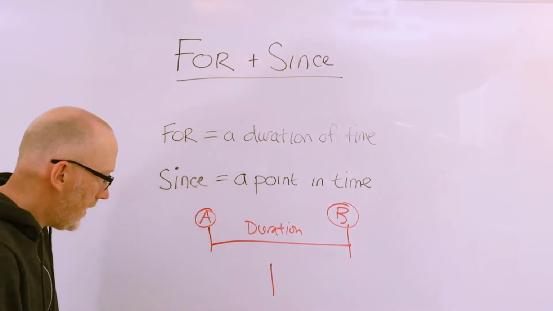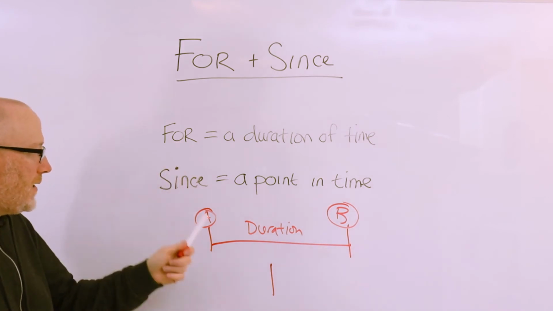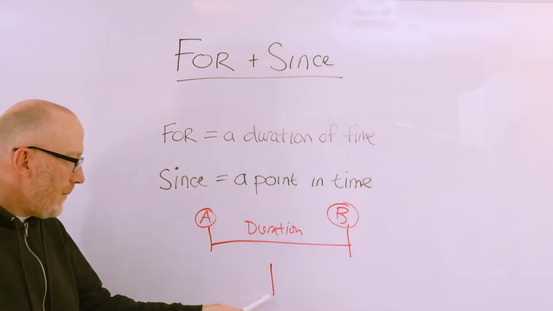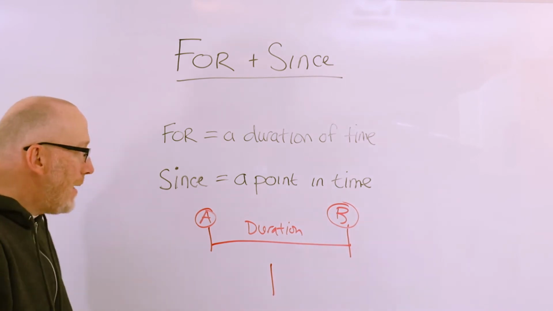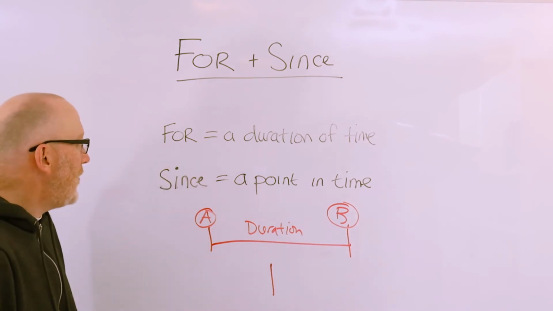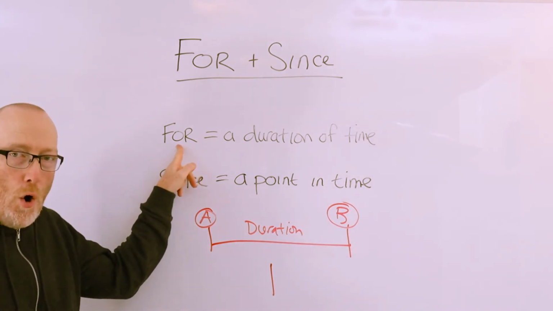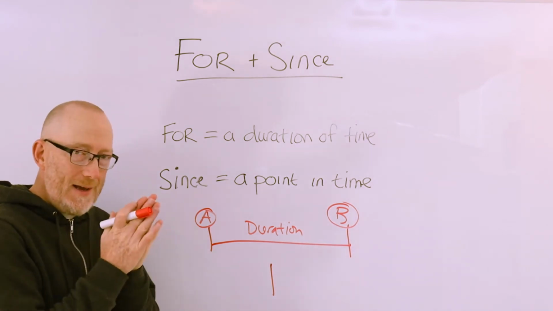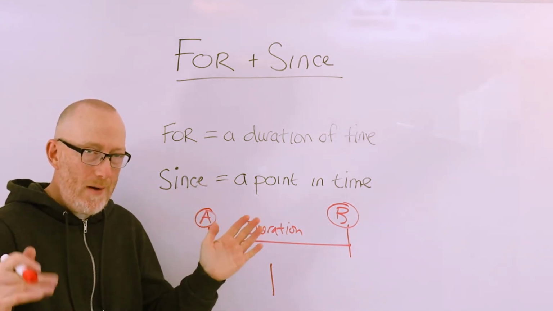Okay? So for describes a duration. Since describes the point in time. Now, to help you remember the difference, okay, for, we pronounce for with an elongated O. Yeah.